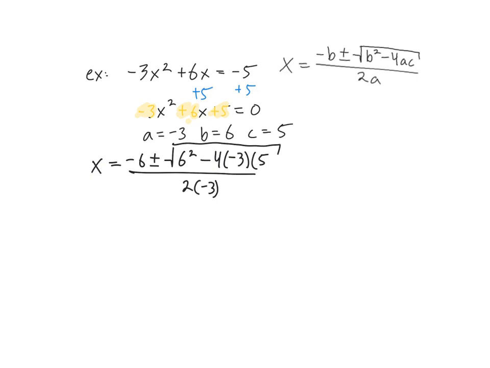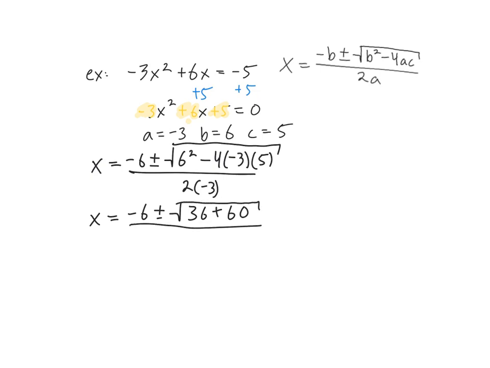Okay, so now we're going to go in and simplify. We're going to get x equals negative 6 plus minus the square root. Well, 6 squared, that's 36. And then we have negative 4 times negative 3 times 5. Oops, times 5. Well, negative 4 times negative 3 is positive 12. Positive 12 times 5 is 60.